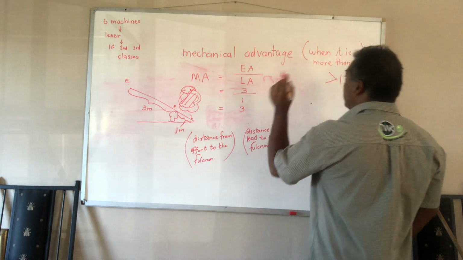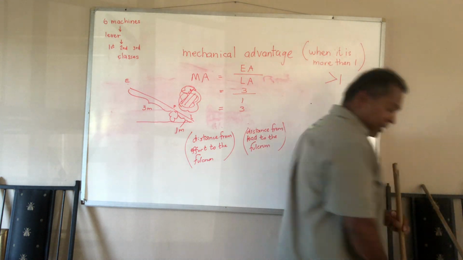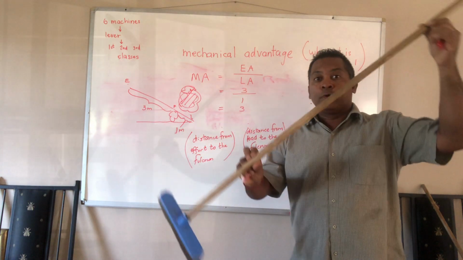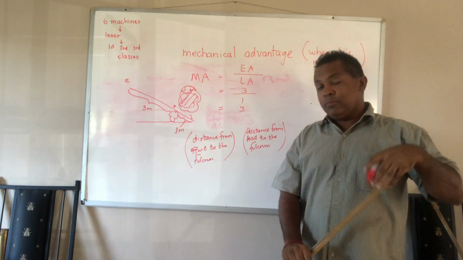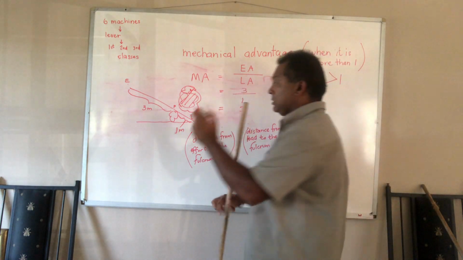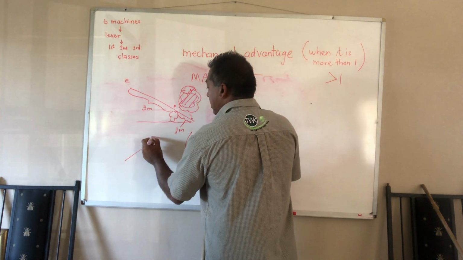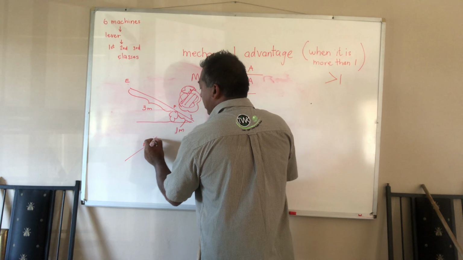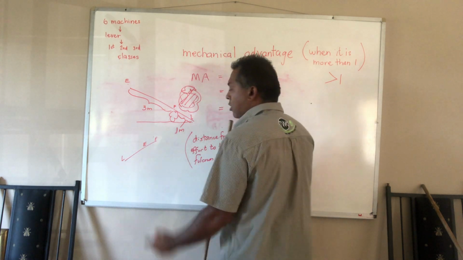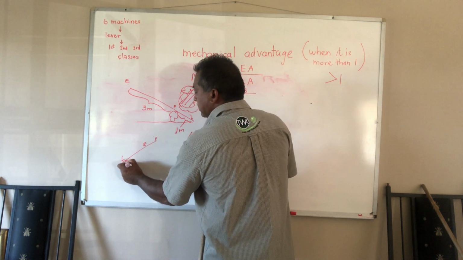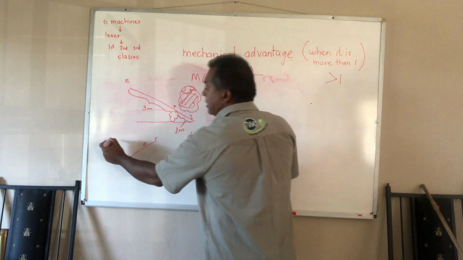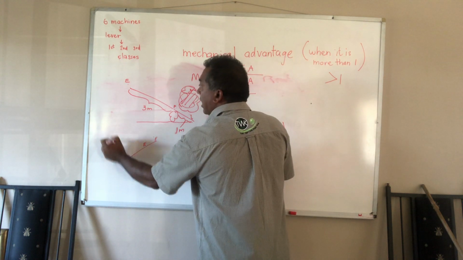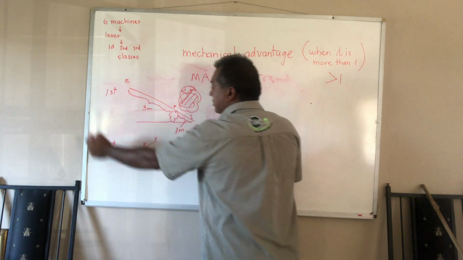Now, we're going to move to the next example. The next example I'm using is a broom. The broom, you all know, is effort over there, fulcrum over there, and load over there, because that is the broom. That is the third class. Remember, that was the first class.